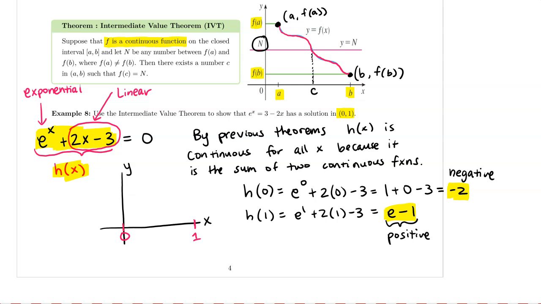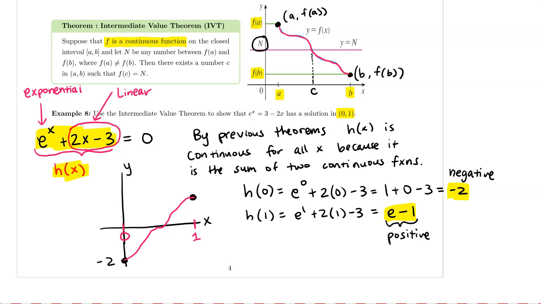And so what we have then is, let's say this is -2. I know that my y value is here, and then at 1, my y value is positive somewhere. And so just again for a visualization, if this is my starting point and my end point is over here, I have to cross the x-axis somewhere between 0 and 1.